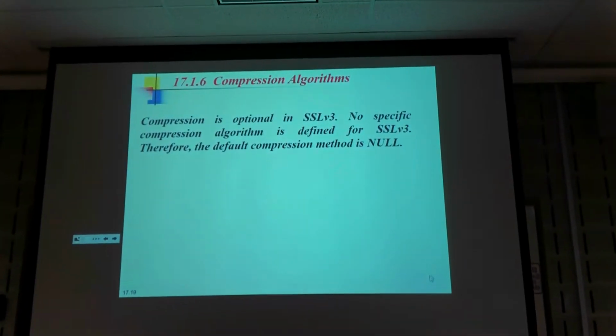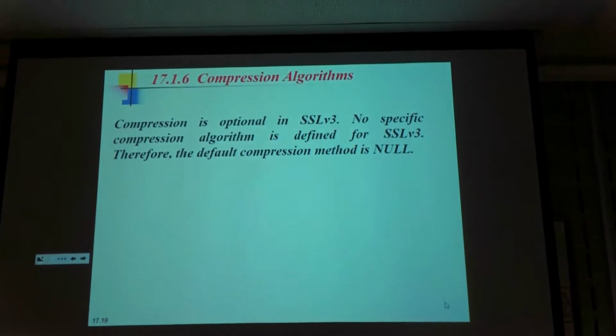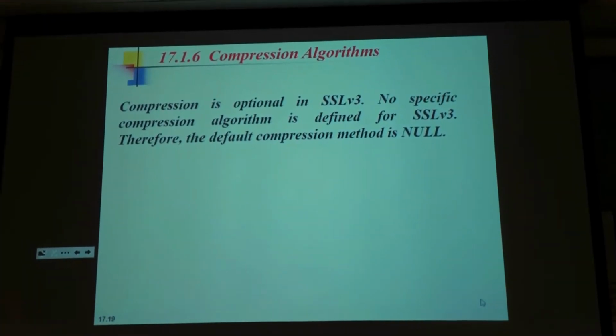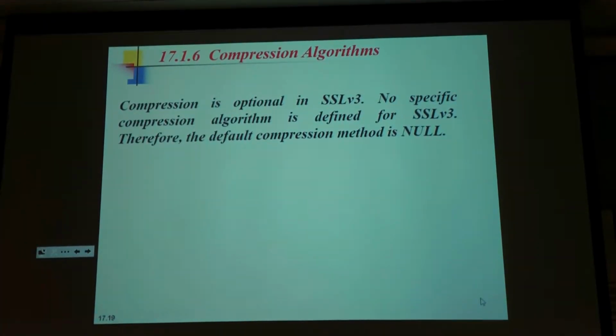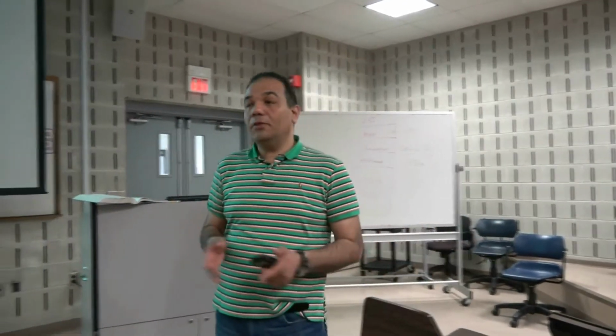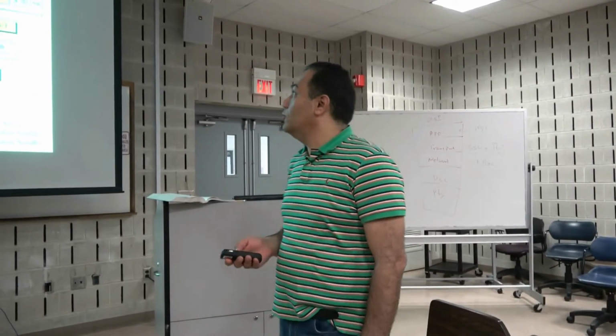No specific compression algorithm is defined for SSL version 3, therefore the default compression method is null. But compression always increases the security because the data will be completely changed when you compress it. It also reduces the amount of data, but you don't have to use it.